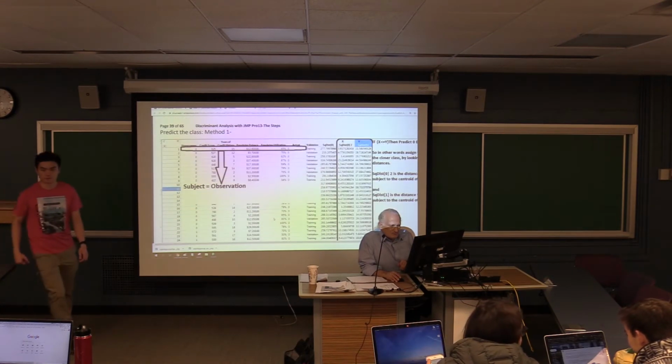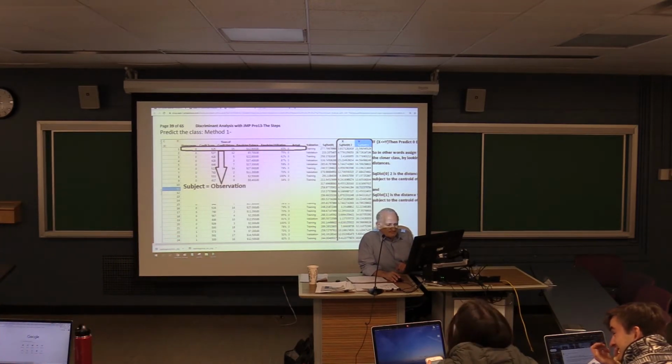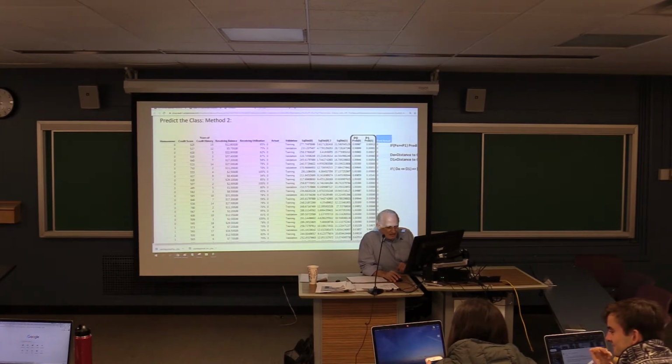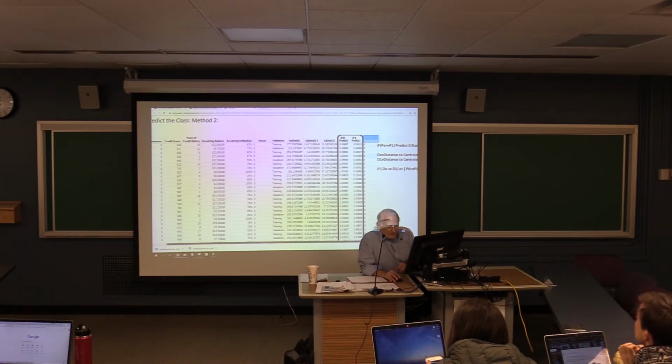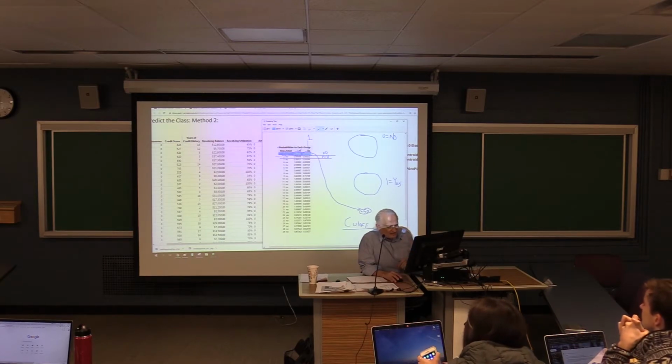Okay. Here is using the distances, and here is using the probabilities. This is one way, and here is another. It turns out that no matter which one you use, you'll come up with the same result.